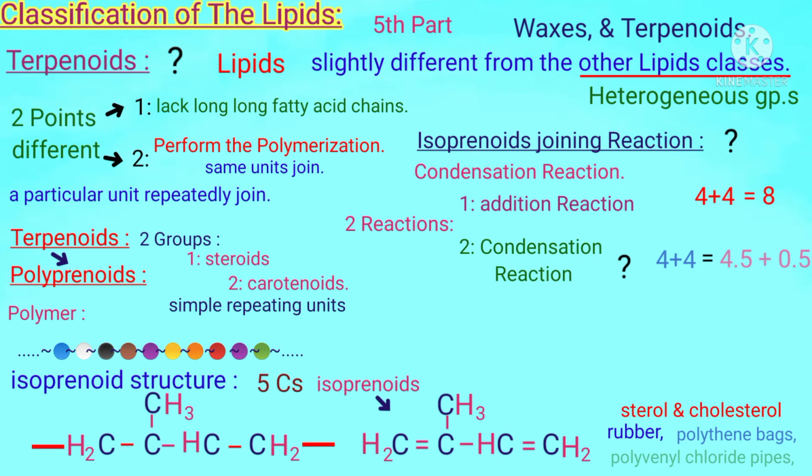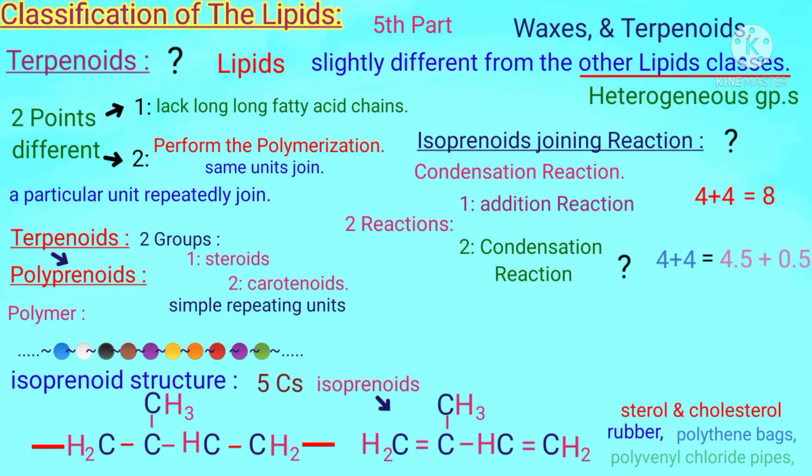What does this mean? It means that in addition reaction, when two things combine, the new thing is the conjugative product of the previous two smaller things, equal to the total of these two things. But in condensation reaction, when two things are combined, then along with a large thing, a smaller thing is also produced and released. That is called a condensation reaction.